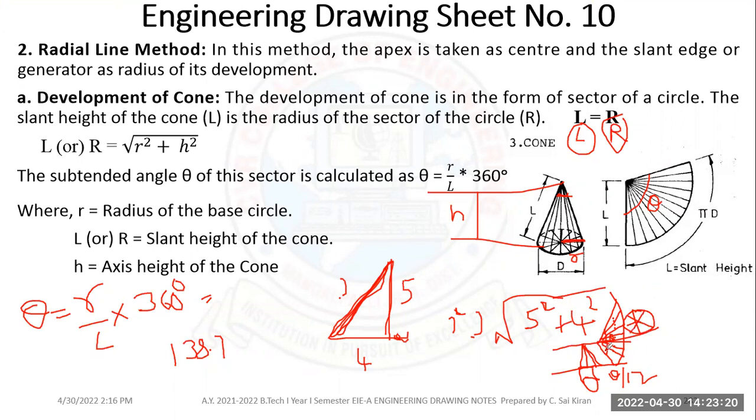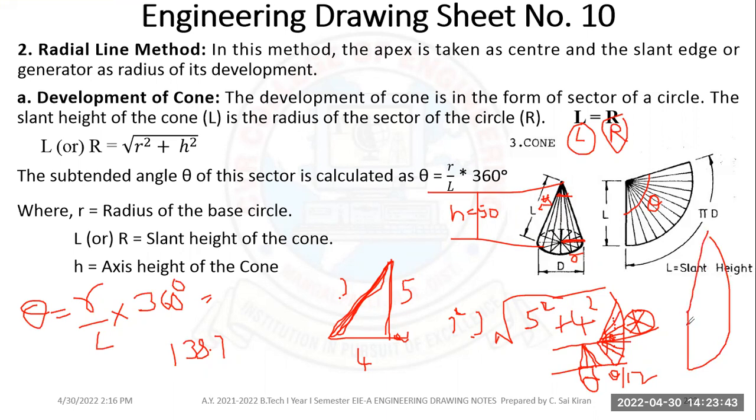In some cases, if you know directly the length, then draw the vertical line. Suppose this axis H is 50, and this capital L you have calculated as 65. Then draw this vertical height 65, and from here you have to take an angle of 138.7.